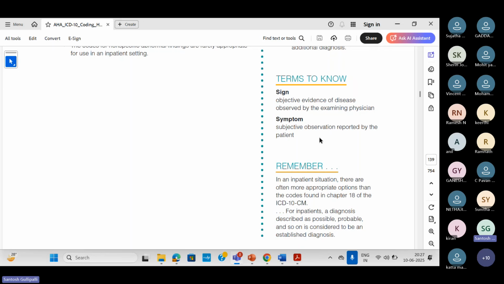In that impression, the physician documented abdominal pain, unknown etiology. The physician has not confirmed the exact etiology.